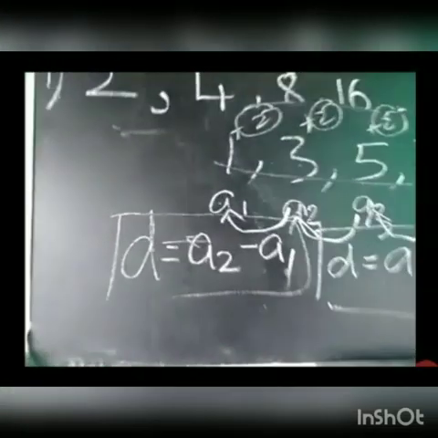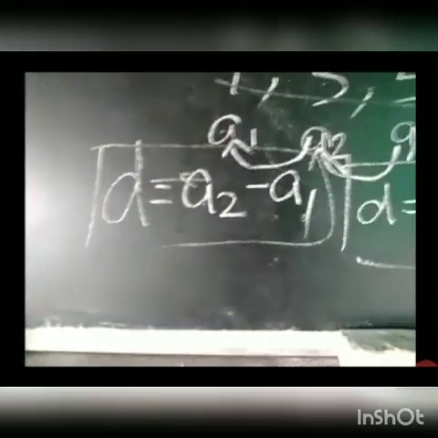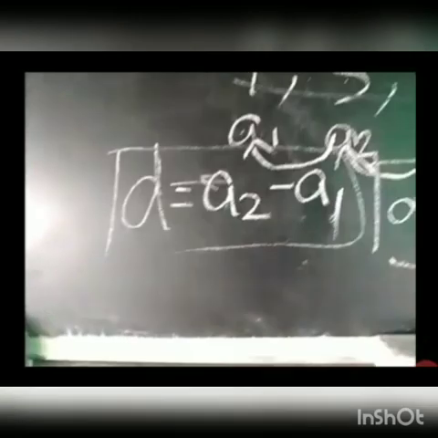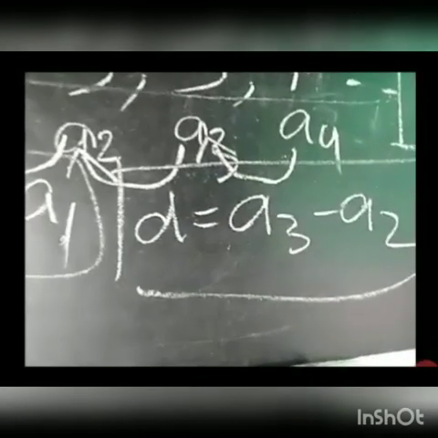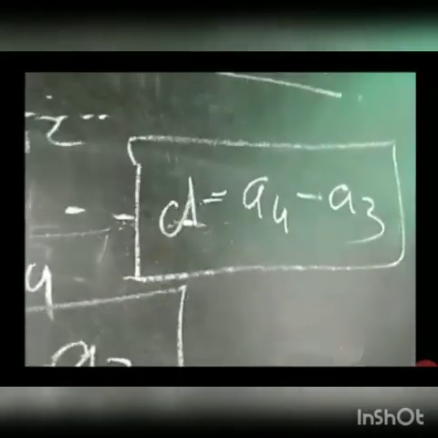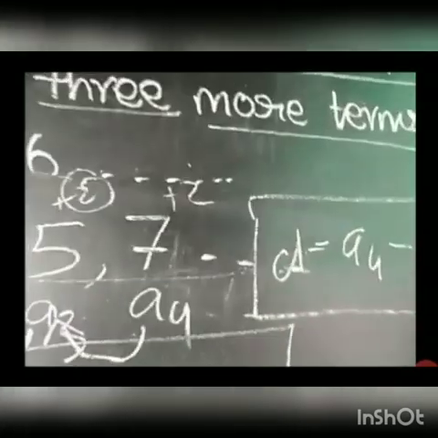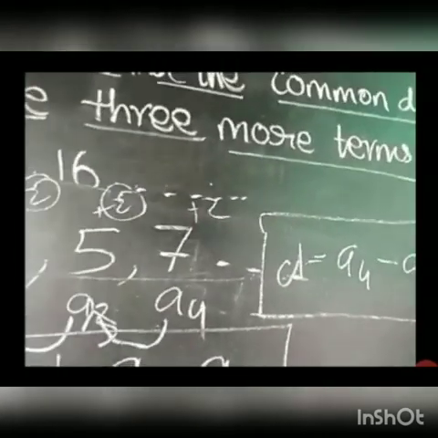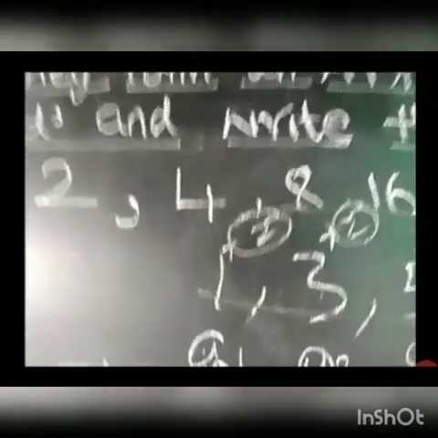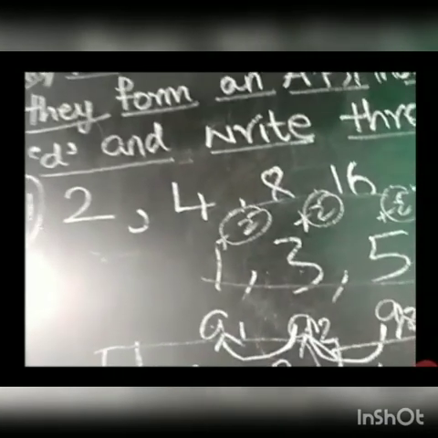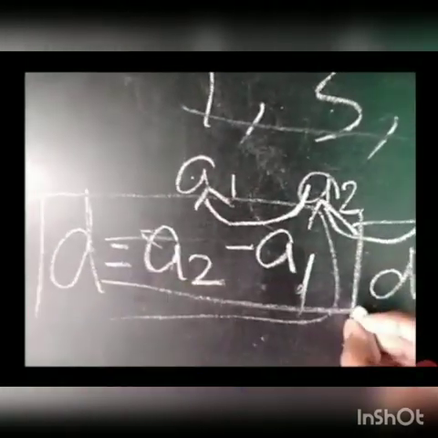So don't stick to only one formula, D equals A2 minus A1. D equals A2 minus A1, or D equals A3 minus A2, D equals A4 minus A3, D equals A5 minus A4, D equals A6 minus A5. Like that, we have several formulas to find the common difference in a given single AP.